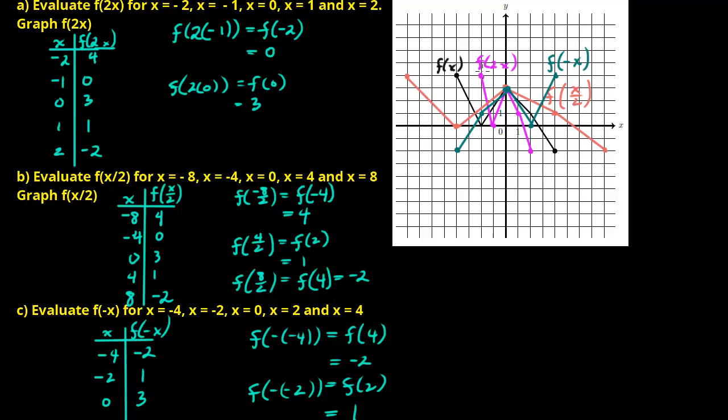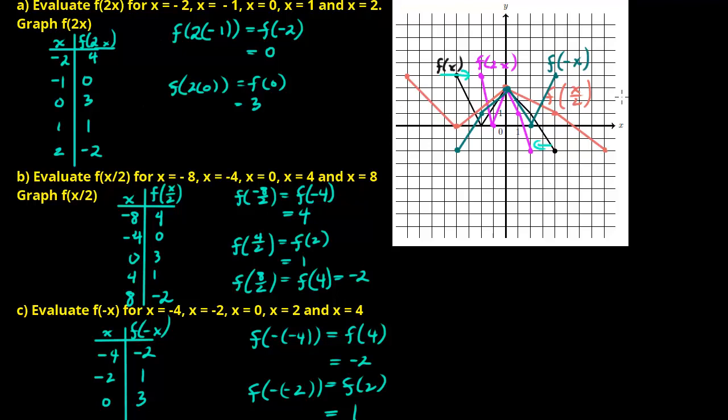I should have written that f of 0 is 3 here. How does the graph of f of 2x relate to the graph of f of x? In one of the last videos, we talked about how it looks like we've taken f of x and squished it horizontally a little bit. That's called a horizontal compression.